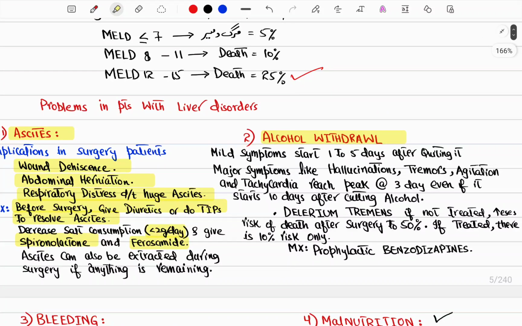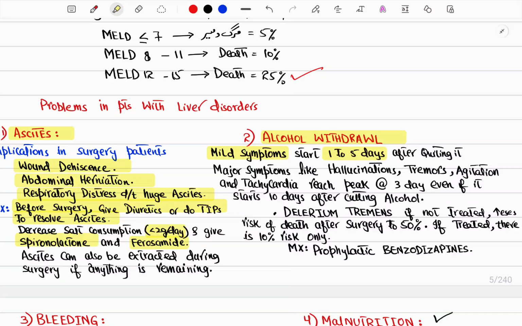And alcohol withdrawal. What's the problem with alcohol withdrawal? In alcohol withdrawal, we know there are mild symptoms, moderate symptoms and severe symptoms. Mild symptoms start 1 to 5 days after quitting alcohol.